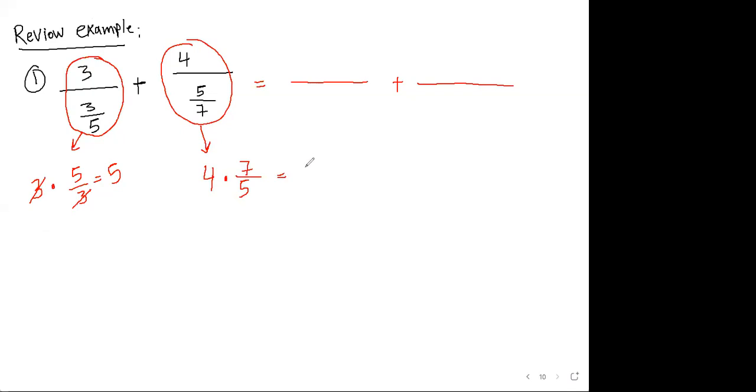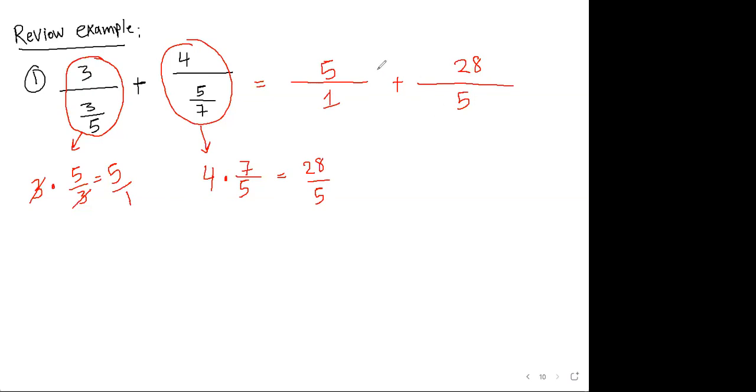What is the answer? 28 over 5. So the first one is 5 over 1, and the second one is 28 over 5.